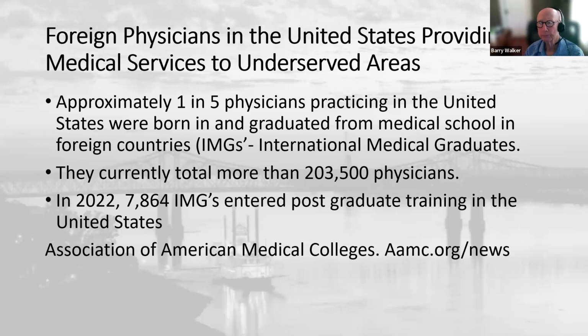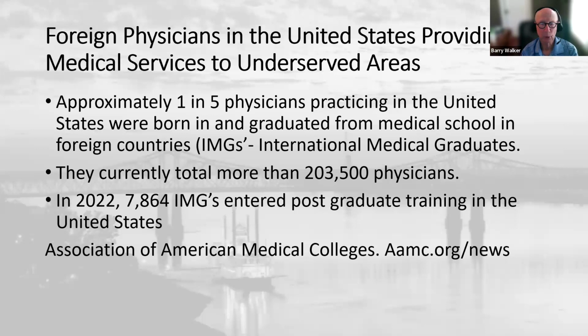But if you're a large hospital in the Delta, you also know that you have difficulty attracting a subspecialty physician, a surgeon or a cardiologist or a hematologist. And the DRA and the J1 waiver program helps to locate and incentivize these specialty physicians to come to the Delta for at least a minimum of 3 years.